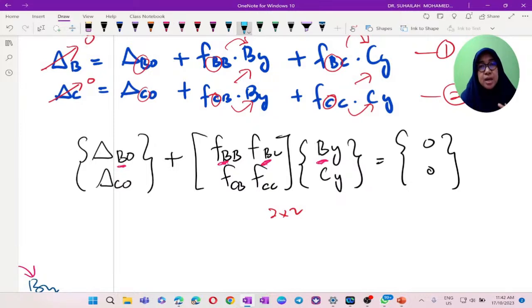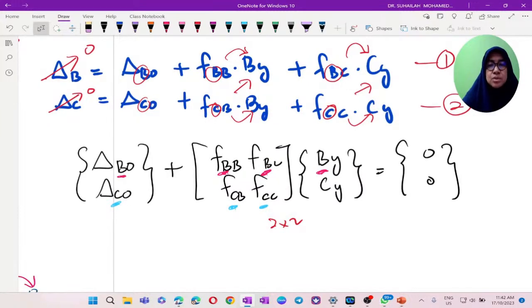And then we have C, delta C naught. C, C. Then when we check back, matrix multiplication FBB times BY, we get this, and FBC times CY, we get this.